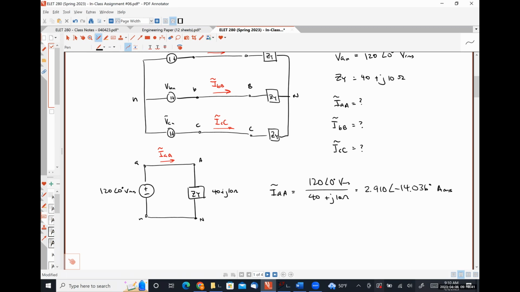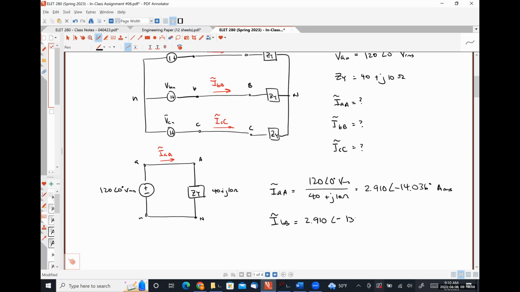Okay, so we found IAA. How do we find IBB? Subtract 120 degrees. No other math whatsoever. So 2.910 with an angle of negative 134.036 degrees.